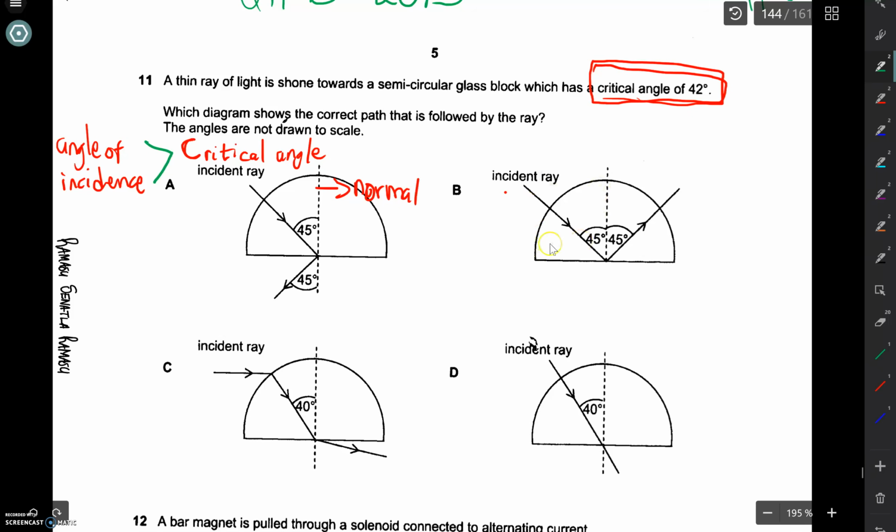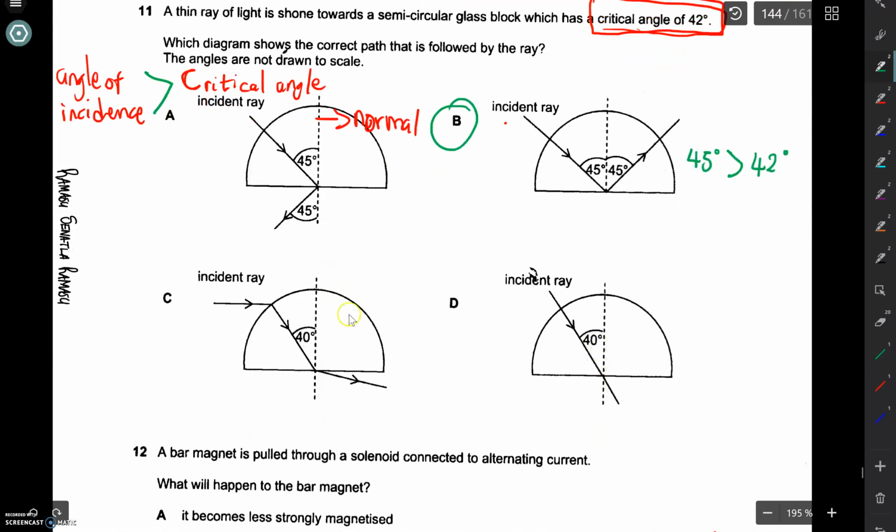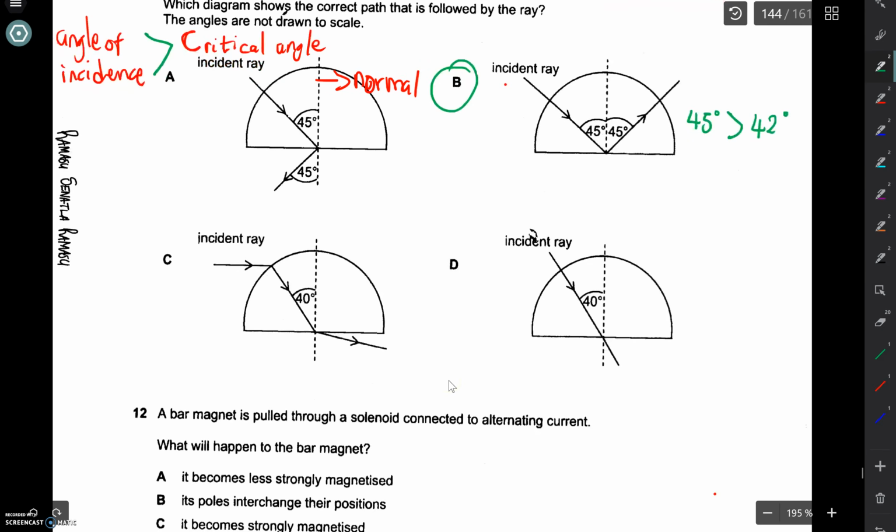So your answer is supposed to be B, because we have a total internal reflection here. The angle of incidence is 45 degrees, and 45 is greater than 42, so then you have total internal reflection. So all the other ones are incorrect.